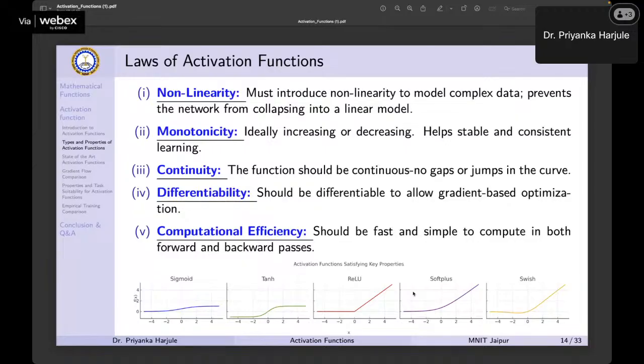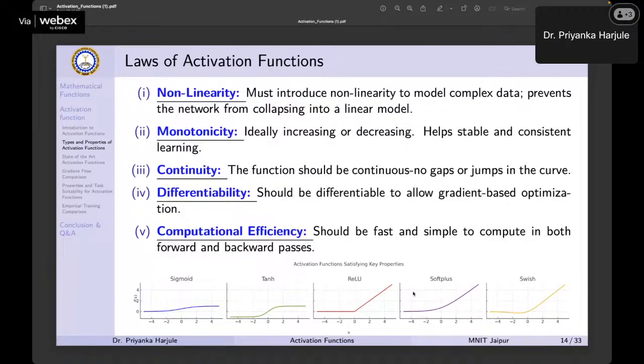Now, we have certain laws for the activation functions. These are the 5 essential properties. First is nonlinearity. As we have already discussed, it enables modeling of complex real world data patterns. Monotonicity: we have already seen that it should ideally always increase or always decrease.